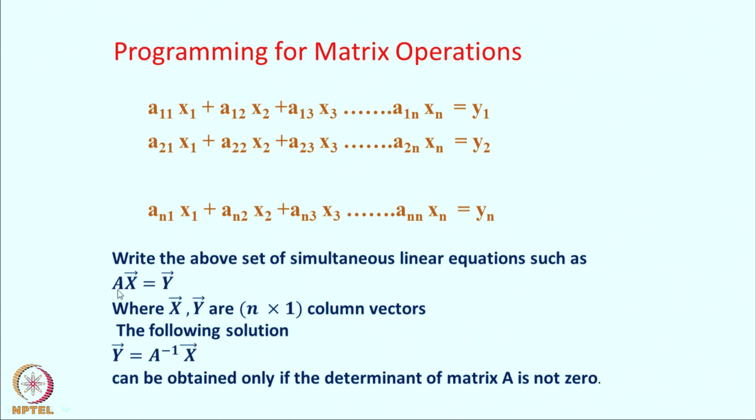Okay. So, what is A now? This is an n by n matrix. These are my values for that n by n matrix, A11, A12, A1n. This is my first row and this is my second row and this is my n-th row. So, this is an n by n matrix. So, when I solve this equation Ax is equal to y, I can get a solution provided I can get an inverse of the matrix.